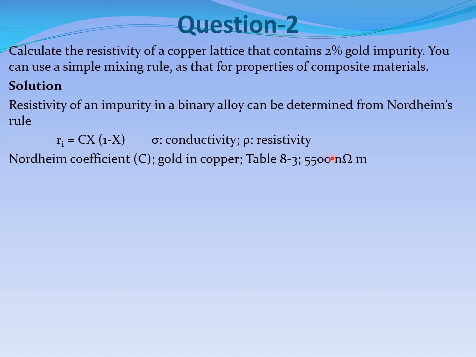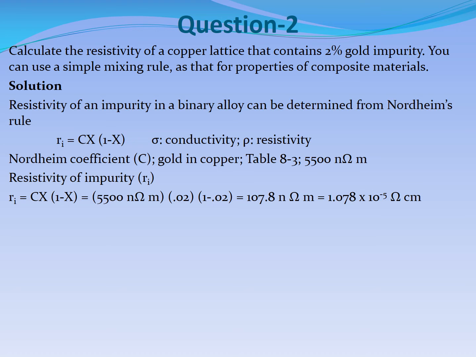So this is the coefficient C that you will use in this equation, found from the table where you look up gold in copper. Now if you want to find the resistivity of an impurity, you can use C and x and 1 minus x and so on.